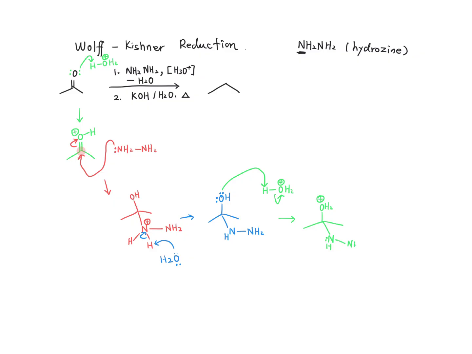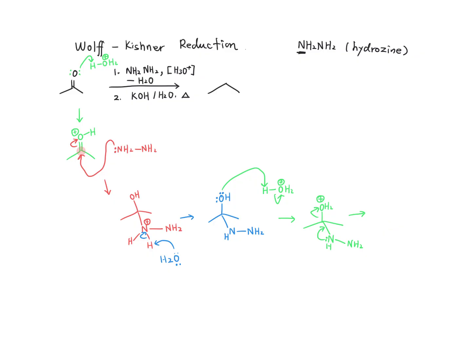No surprise, this will be very similar to when you have a nitrogen-based nucleophile, for example a primary or secondary amine, kicking out the leaving group, so a carbon-nitrogen double bond will be formed.